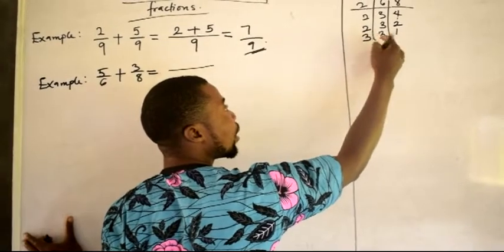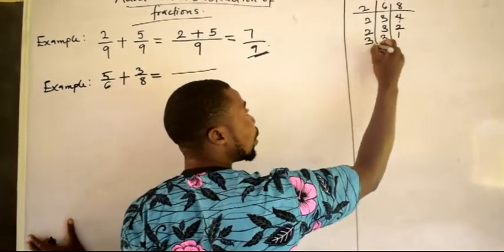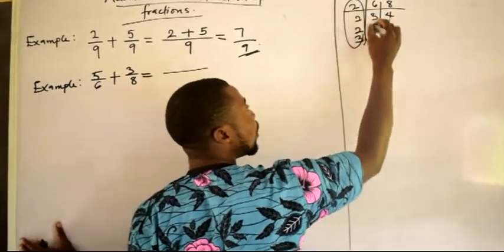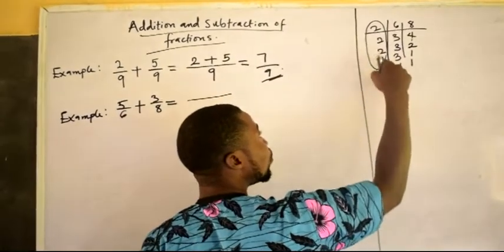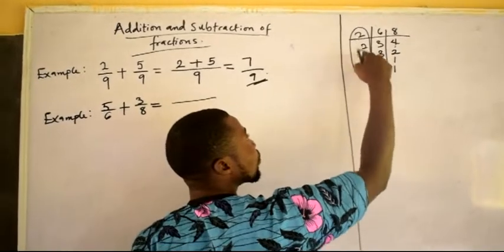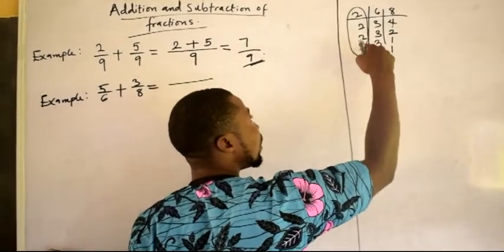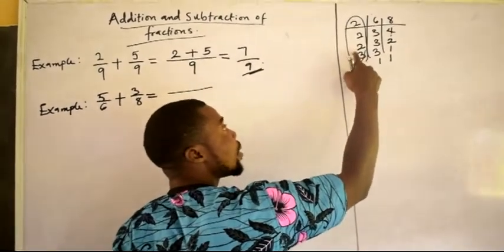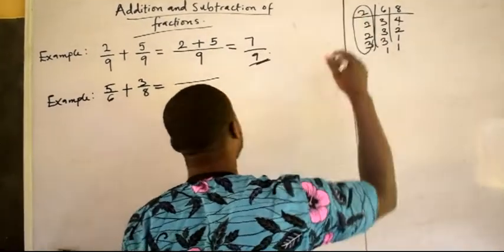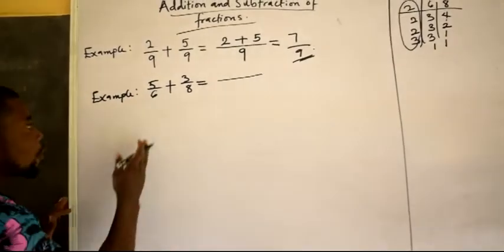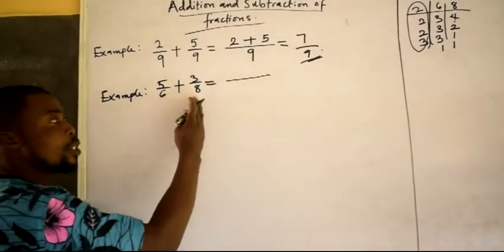So 3 in 3 is 1. You multiply all of this together to get your LCM. That is 3 times 2, 6. 6 times 2, 12. 12 times 2, that's 24. So the LCM of 6 and 8 is 24.